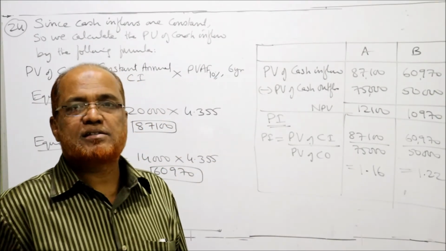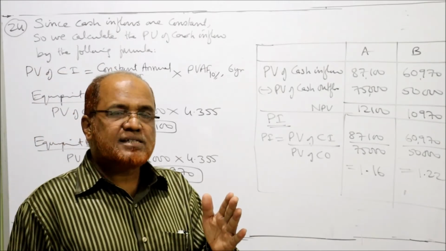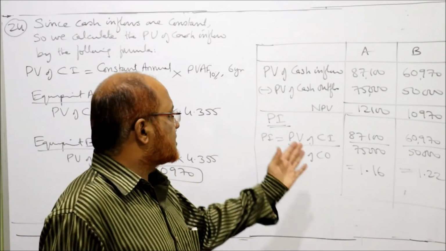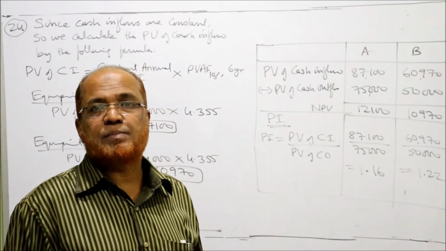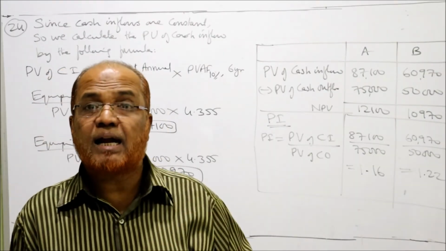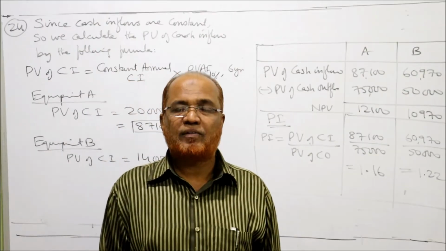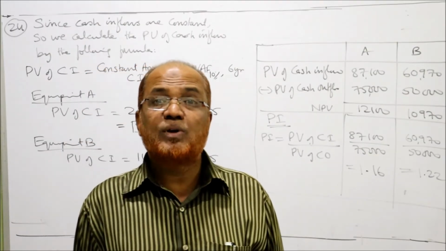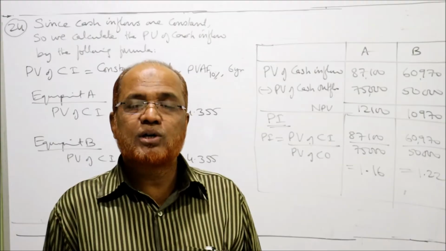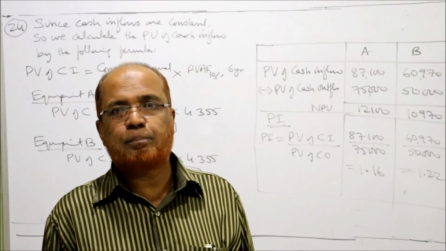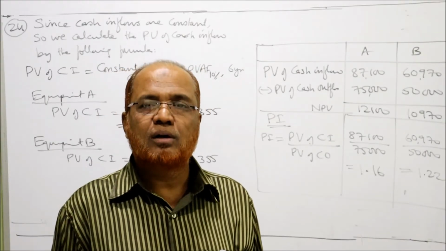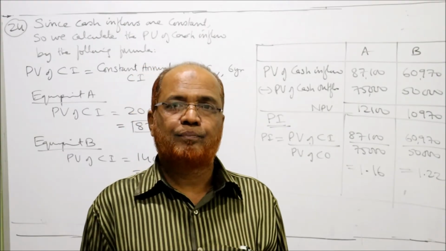Now the question arises, NPV is saying A project is better, whereas PI is saying B project is better. So फिर दोनों अलग-अलग contradictory results we are getting. Now the question is which method we should accept then? किसको follow करेंगे? NPV को follow करेंगे या PI को follow करेंगे? It depends on capital rationing.